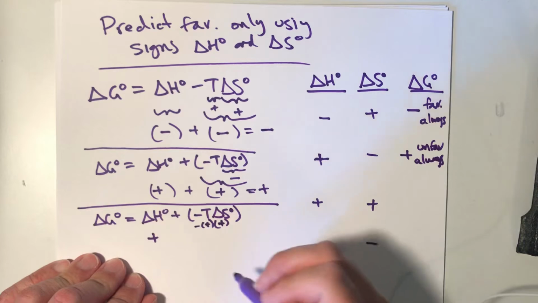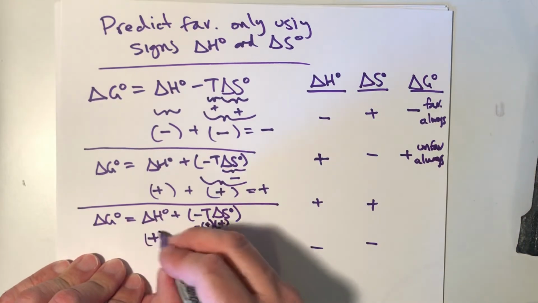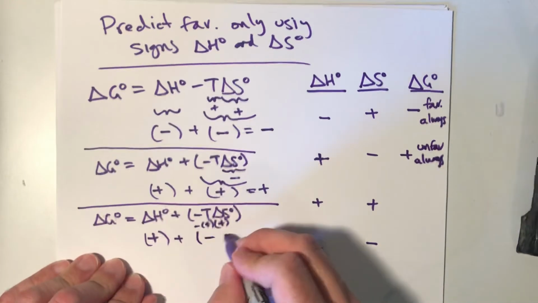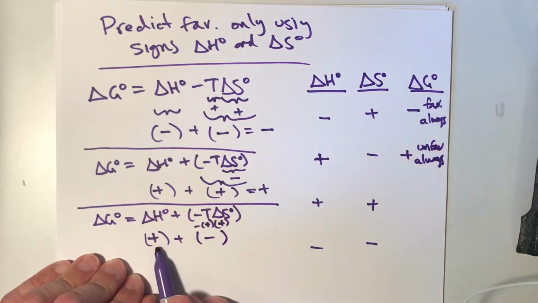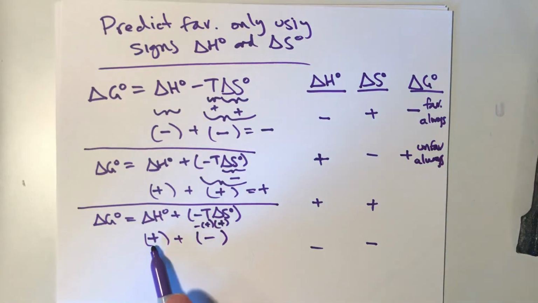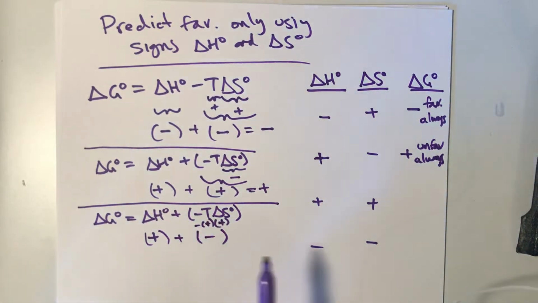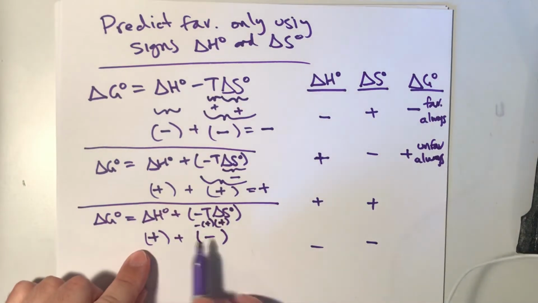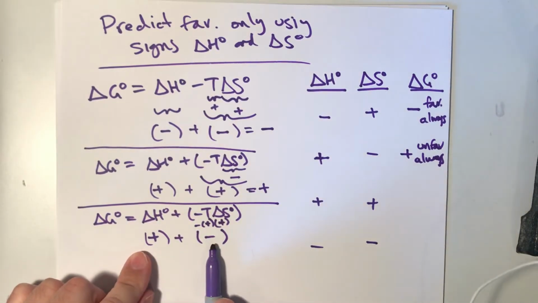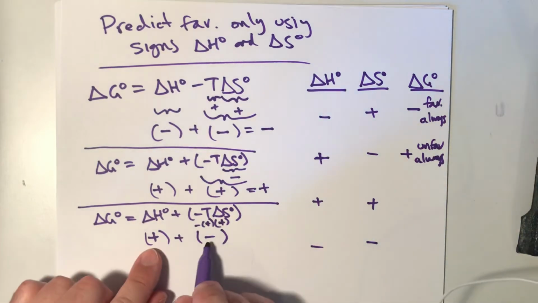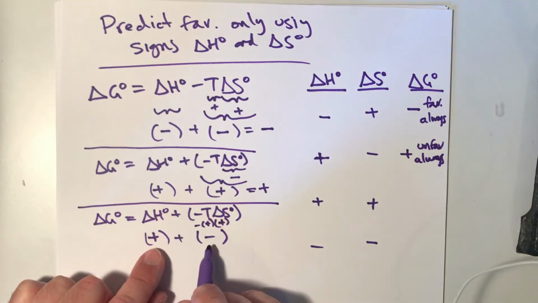Now you've got a negative sign out in front of that, which makes this whole term come out negative. So now we've got to think about what makes one term bigger than the other, because that's what's going to determine the sign. If this is positive 10 and this is negative 5, it's going to add up to positive 5. So the relative size, the absolute value of each of these terms, is what matters now.